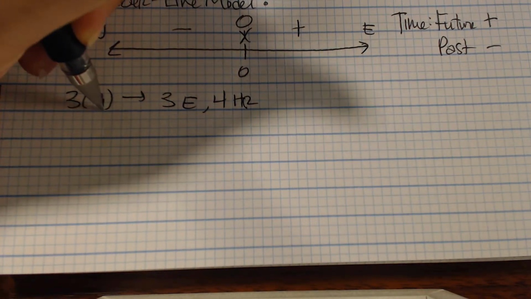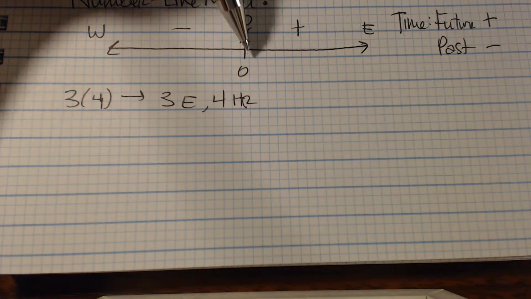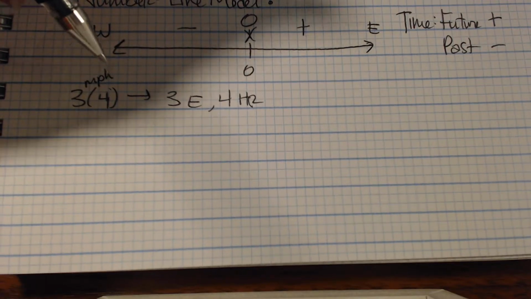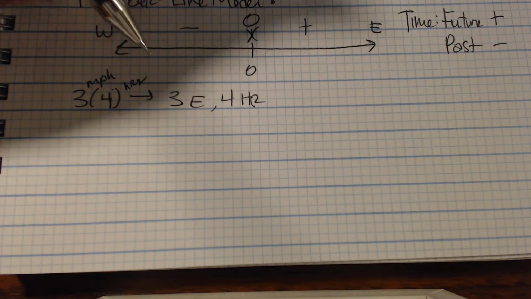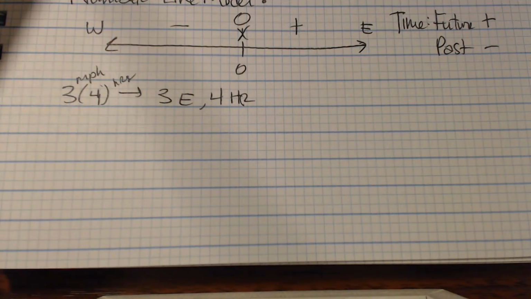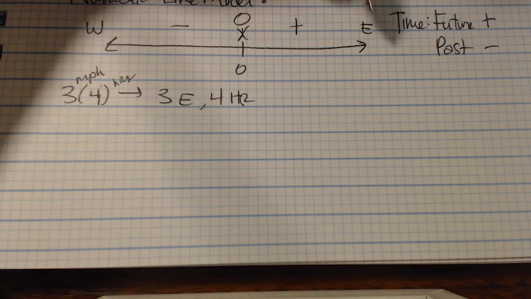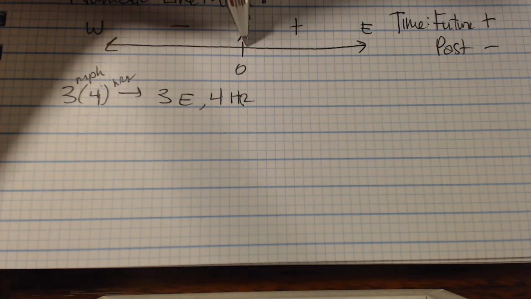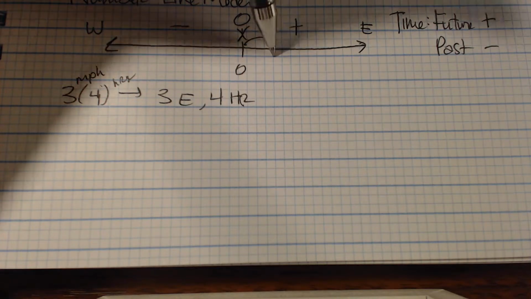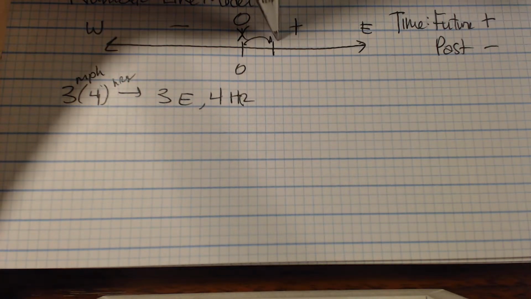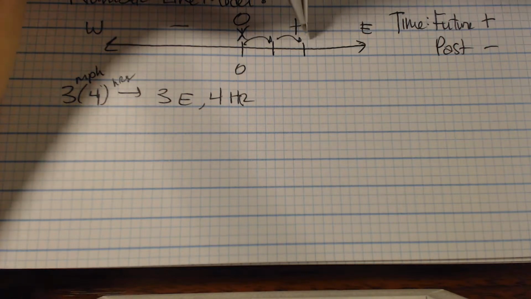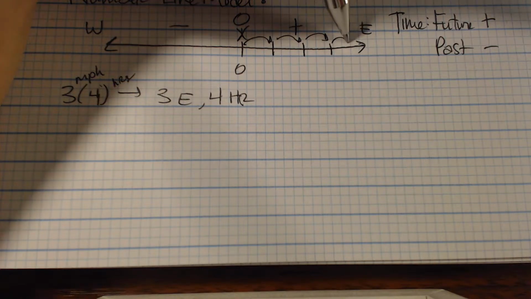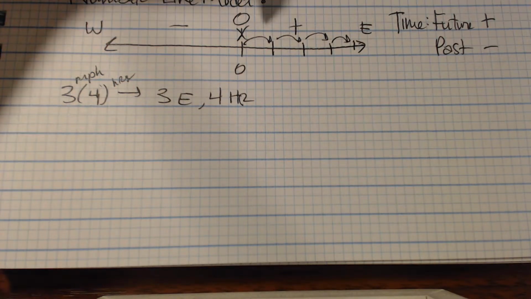Okay, so if you go 3 miles per hour for 4 hours to the east, and we know it's east because it's positive, that means you're going 3 here for 1 hour. 3 more for another hour. 3 more for another hour, and then for 1 more hour, so this is 4 hours total, you move 3.